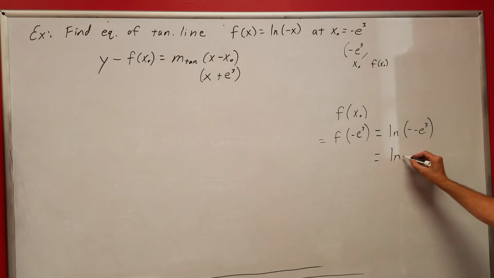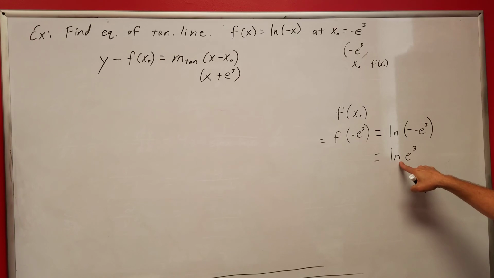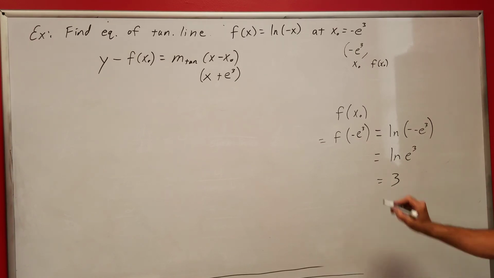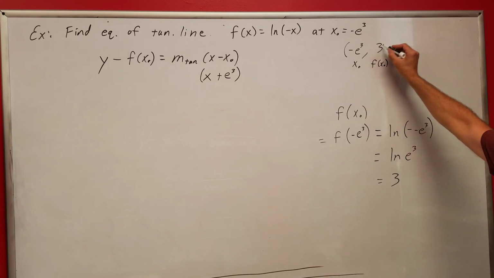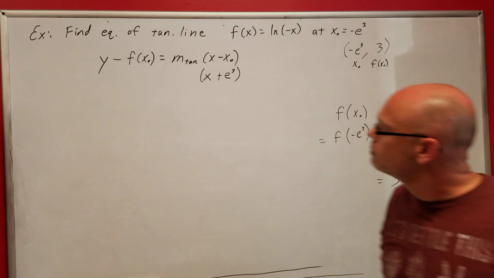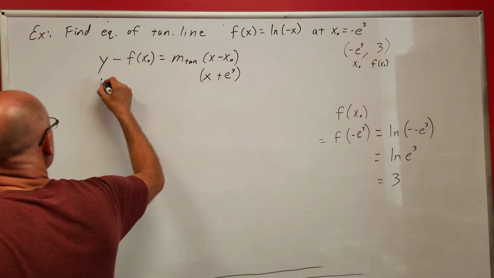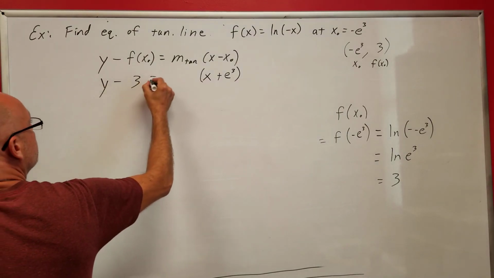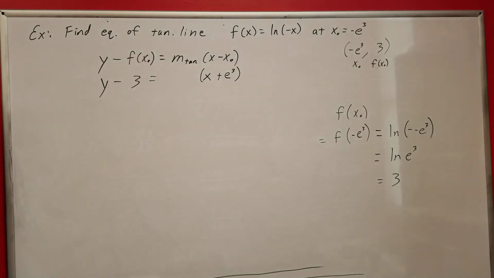Well, that's the natural log of e cubed, right? According to our properties of logarithms, if that is base e and that's base e, I could drop everything except the 3. So f of x naught is 3. So right here, I'm going to put in 3. Now I just need m tan and to simplify.